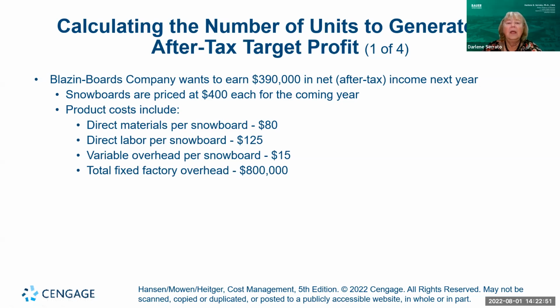So after tax divided by 1 minus the tax rate gives us the pre-tax income. So we have selling price of 400, direct materials, direct labor, and variable overhead. These three are all our variable costs per unit, and fixed cost is in dollars.